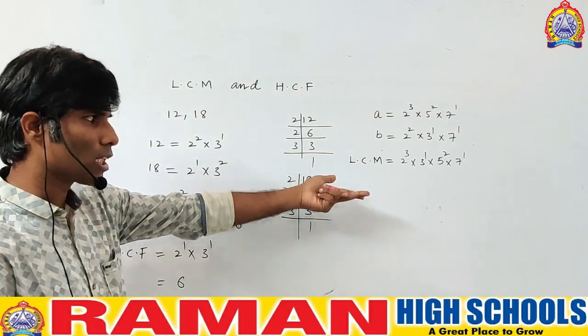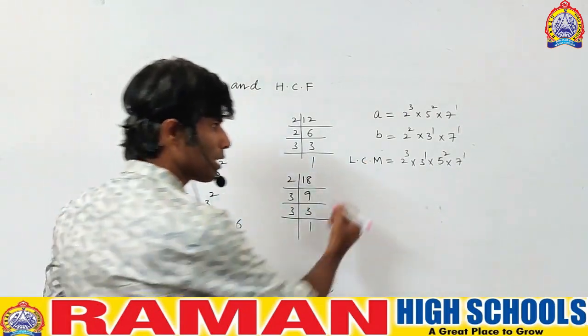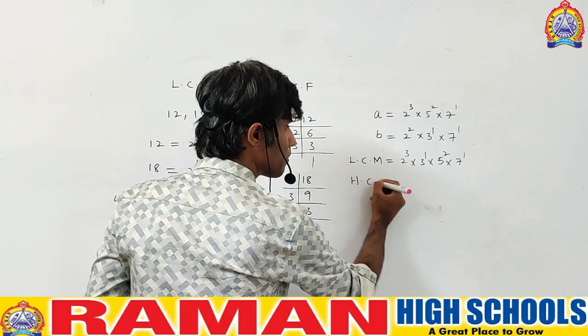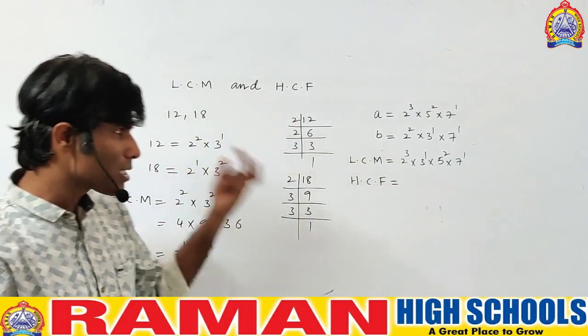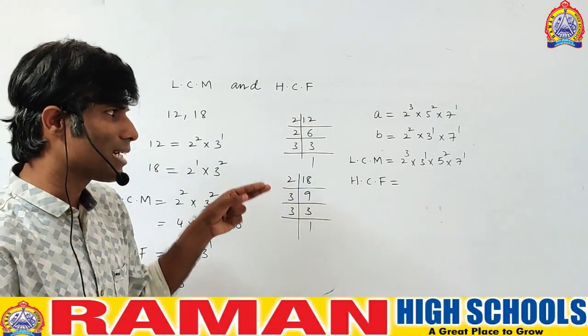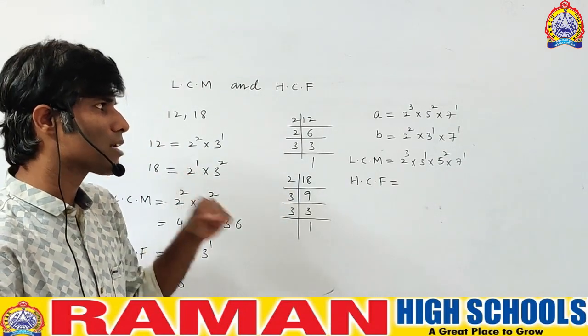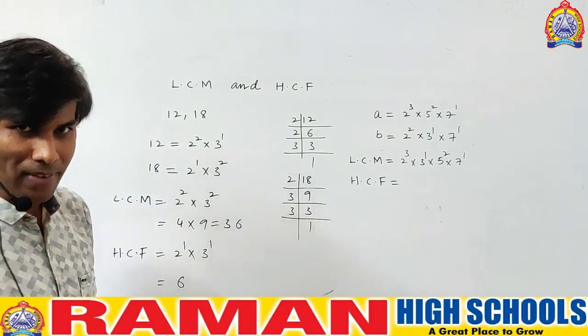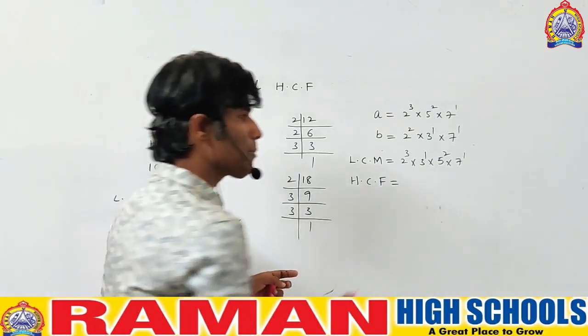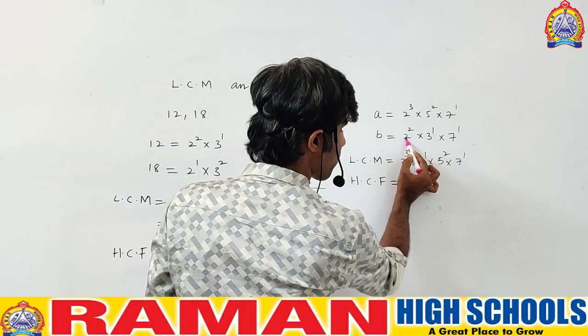If you find out that product, you will get the LCM. Now let us see how to find out HCF. Here I said that to find out HCF, you have to consider the least powers of common prime factors. Common prime factors you have to note. Here what are the common prime factors? Here 2 is a common prime factor.